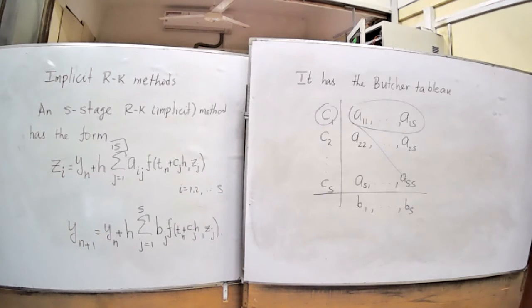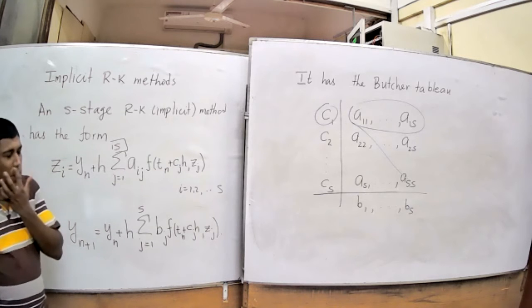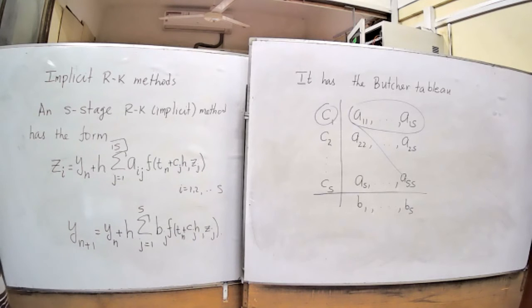So when we talk about the general S-step Runge-Kutta method, we can stick with this structure, which is the implicit form. And then by setting things appropriately, you can see that it can always be reduced to explicit as well.